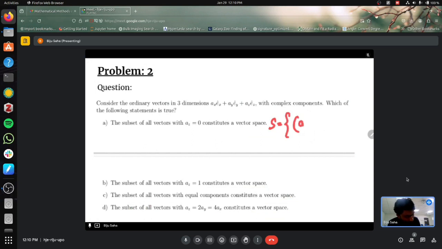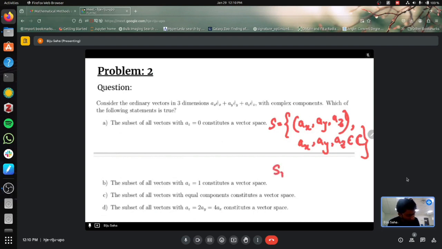If I denote these vectors just by their components, ax, ay, and az, they are all complex values, so they all belong to the complex plane. Then there are various subsets in the question from this particular set.